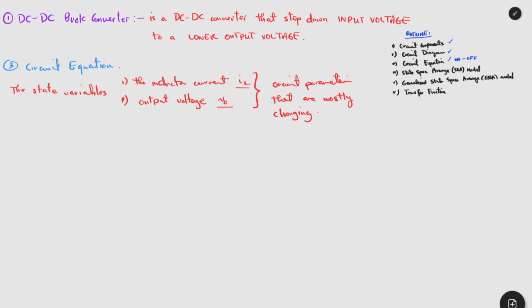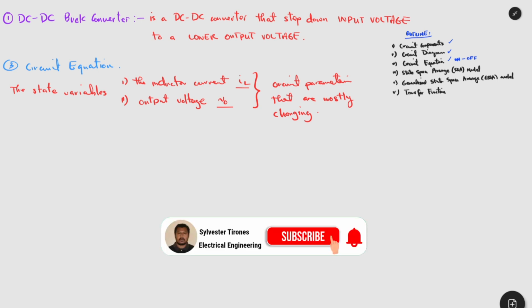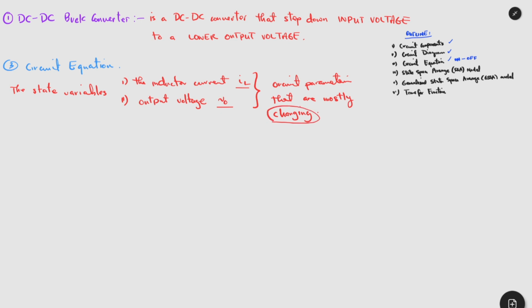Because of these changes in the state variables, we are going to perform differential equations based on the state variables, because those variables are changing. So it is important that you know why we need a state variable. In order to put the state variables in order, we will now introduce the state vector.